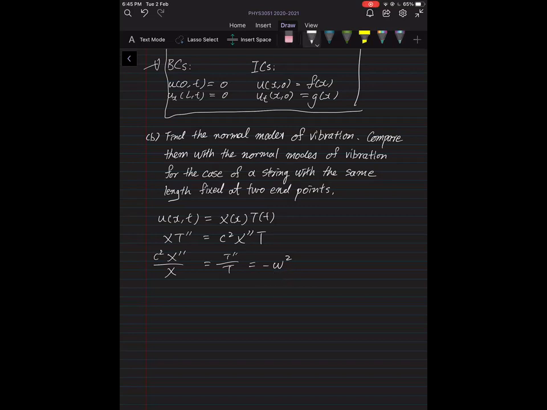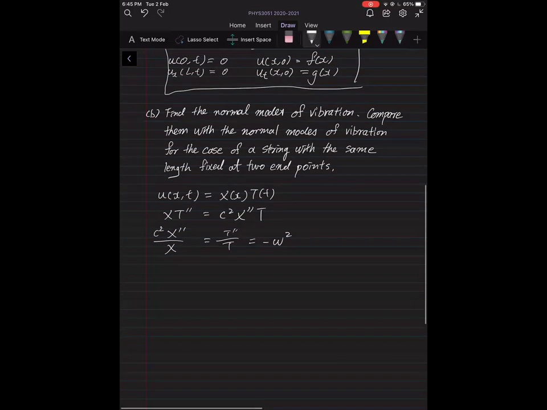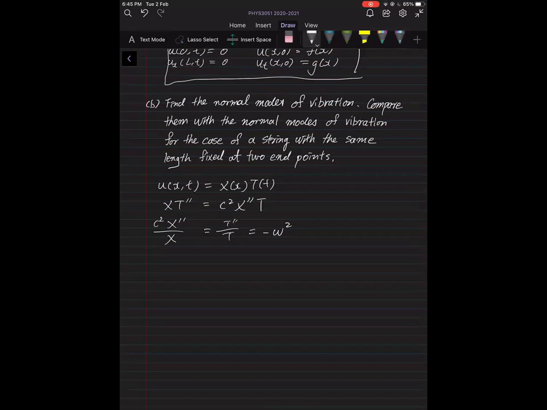Okay, then as first, let's solve the spatial part.